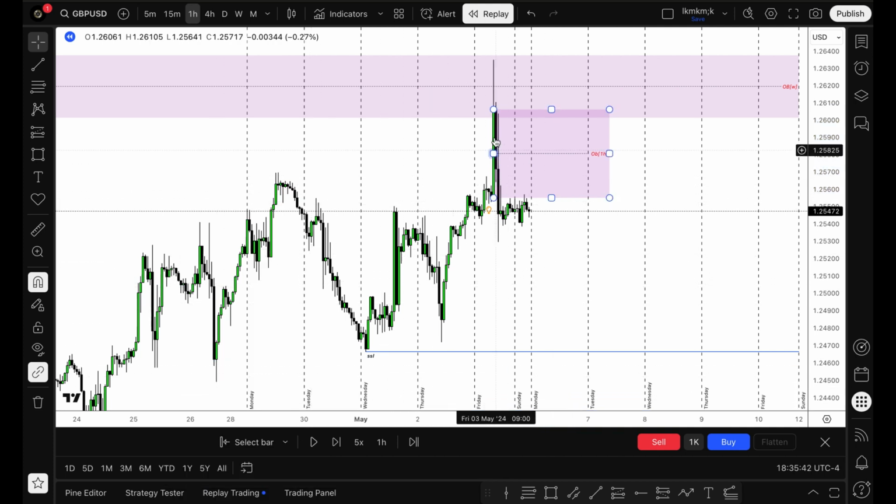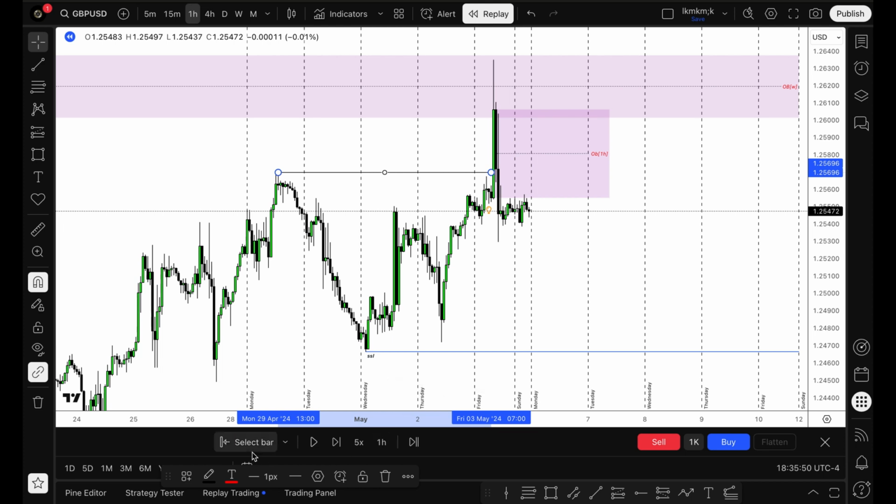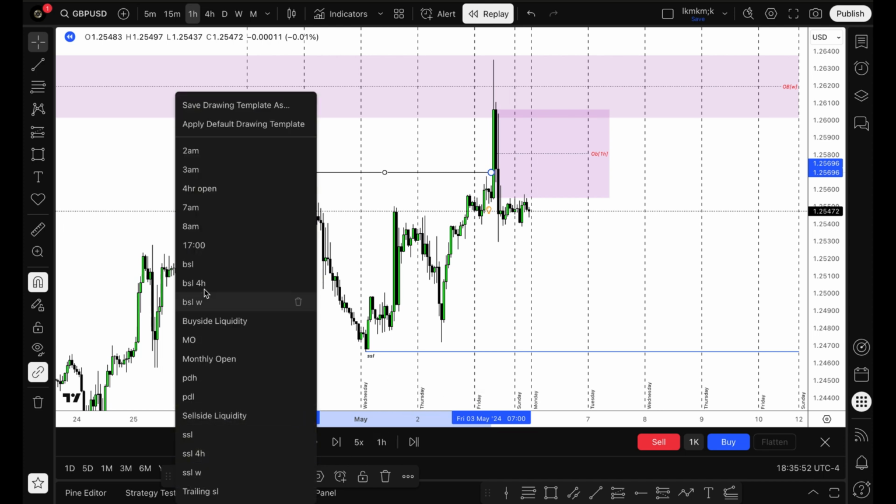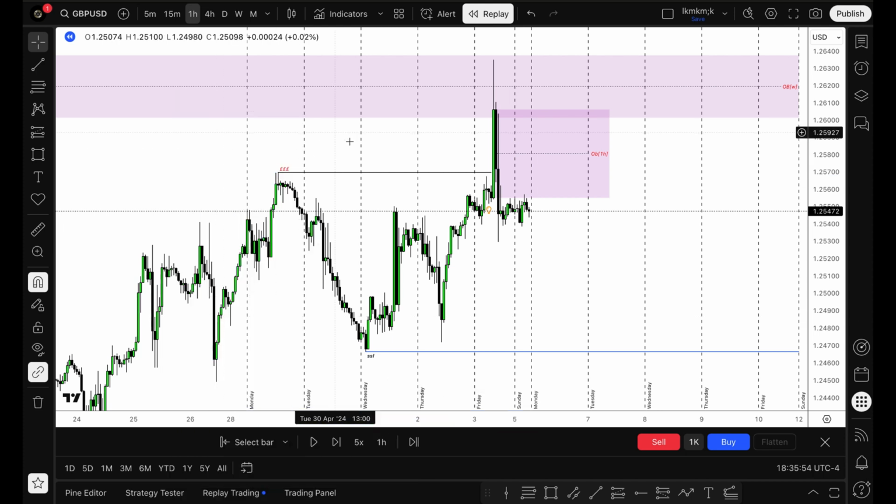So price swept Thursday and Monday's highs. Those are swing points in a market that Friday swept, and then we got a close below that high, and we got a close below Thursday's high as well.